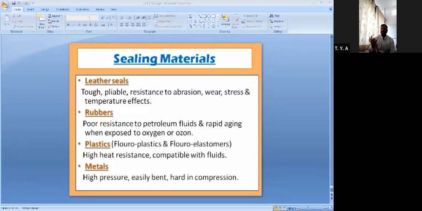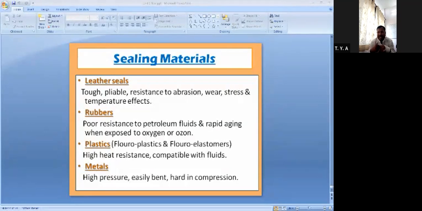The material used for a particular application depends on several factors. While choosing the material for the seals, there are some factors that we need to take into account. Which are the several factors? Fluid compatibility, resistance to heat, pressure, wear resistance, hardness, and the type of the motion.